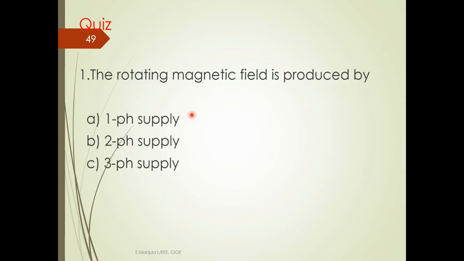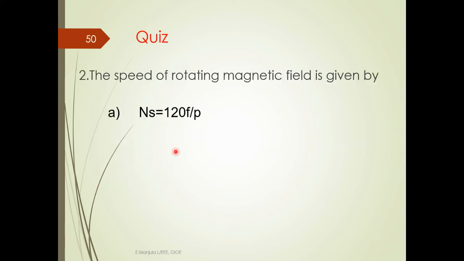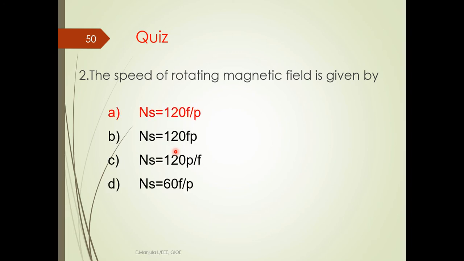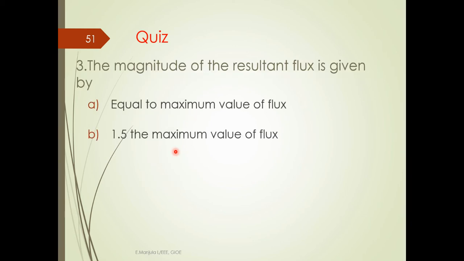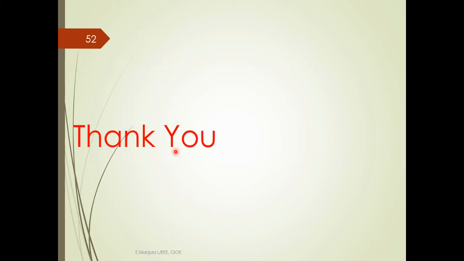The rotating magnetic field is produced by three phase. Yes, even two phase also. The speed of a rotating magnetic field is given by Ns is equal to 120 f by p. The magnitude of the resultant flux is 1.5 times the maximum value of the flux.